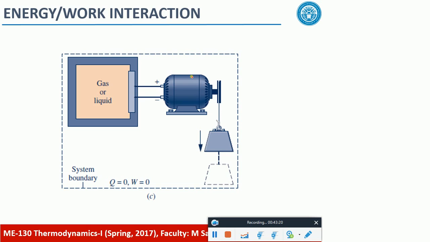If this is the whole system, what kind of energy interaction does it have with the surroundings? Nothing. No work is being done on the system or by the system. No energy or heat interaction is there between the system and the surroundings. Do you understand that? So, think of it as if you are drawing a free body diagram in your mechanics course.